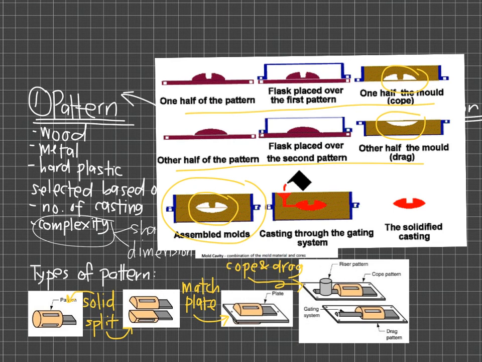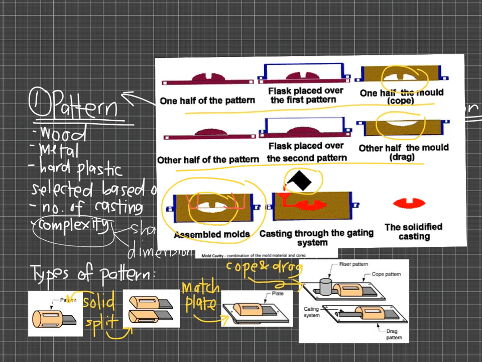After that, we have to prepare the gating system, such as our runner, and then we have the sprue to pour the molten metal. We also have the riser here in order to make sure that the molten metal fills up all the mold cavity.